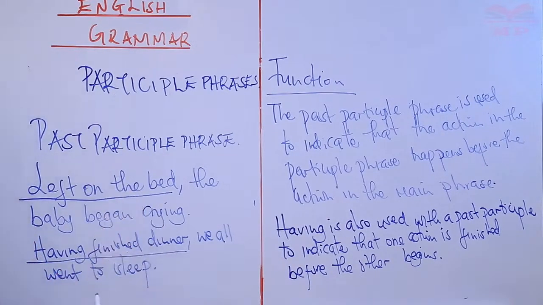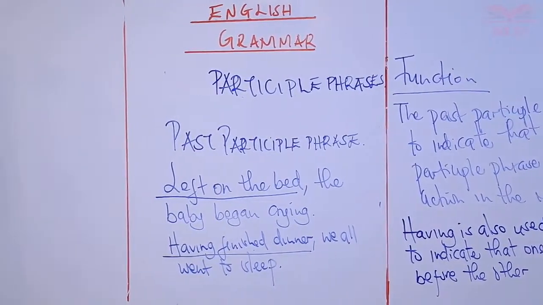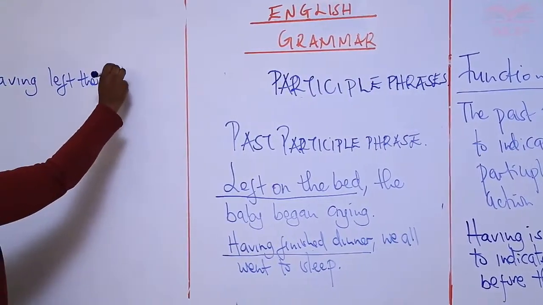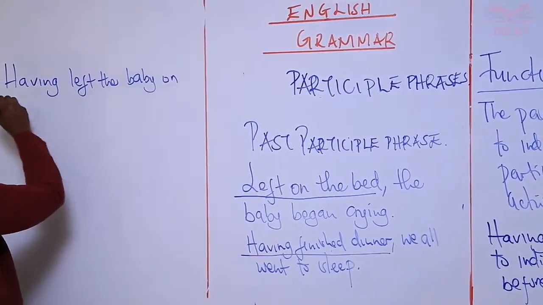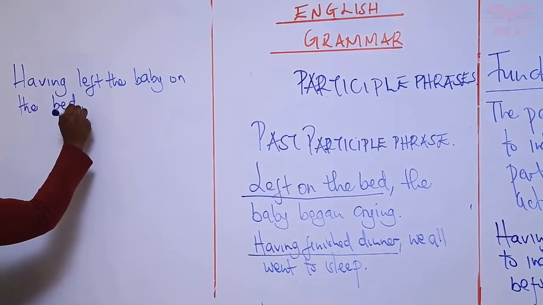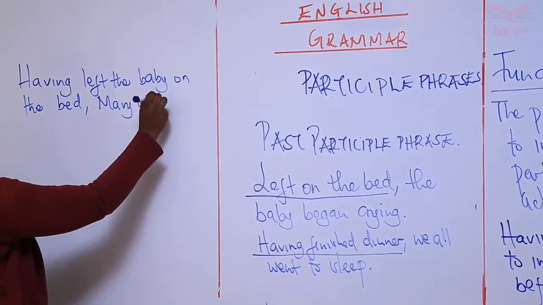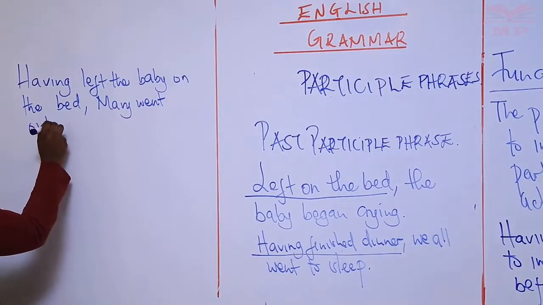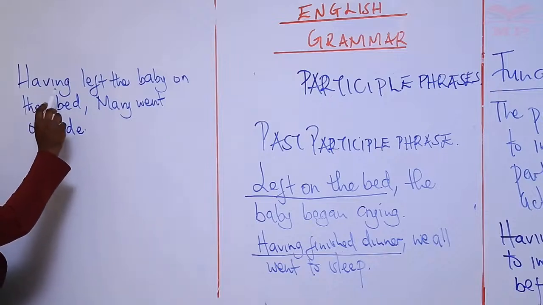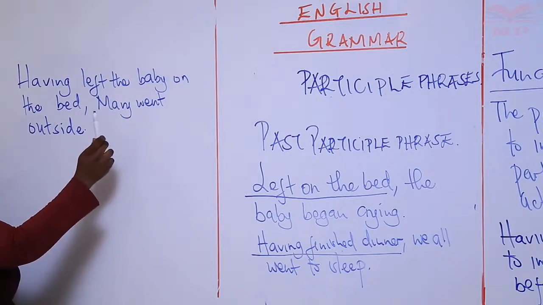Okay, let me add one more example. Having left the baby on the bed, Mary went outside. So let me read the sentence. Having left the baby on the bed, Mary went outside.